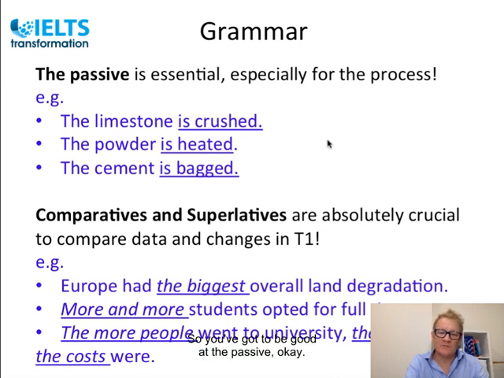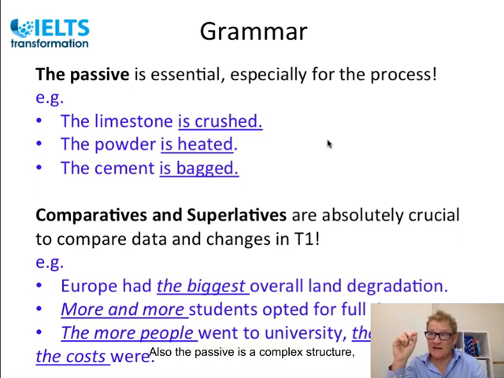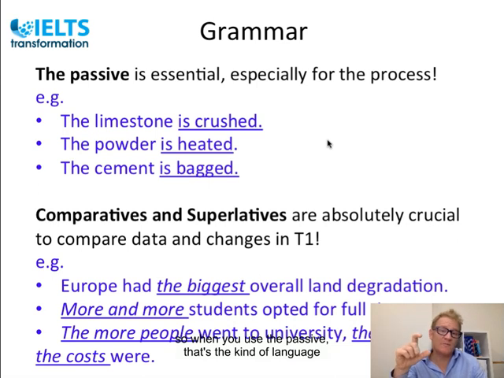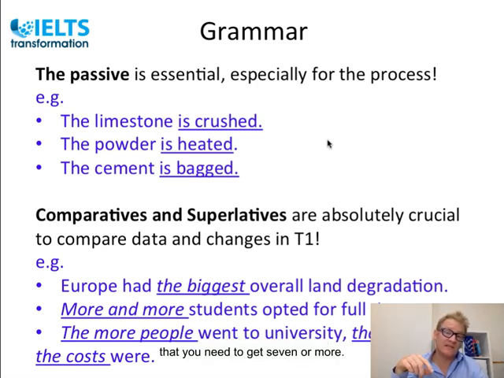So you've got to be good at the passive, okay? Also, the passive is a complex structure. So when you use the passive, that's the kind of language that you need to get to 7 or more.